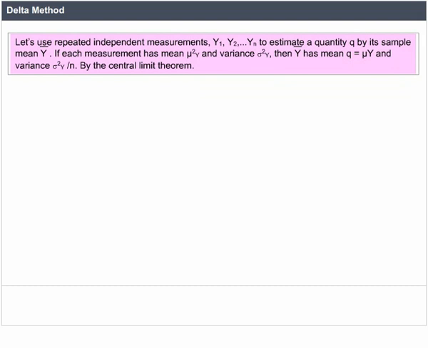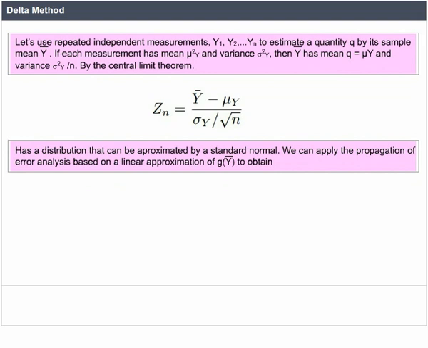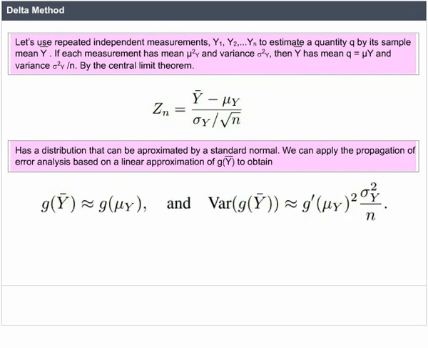By the central limit theorem, Zn equal to Y bar minus mu_y divided by sigma_y divided by the square root of n has a distribution that can be approximated by a standard normal. We can apply the propagation of error analysis based on a linear approximation of g(Y bar) to obtain g(Y bar) approximately equal to g(mu_y) and variance of g(Y bar) approximately equal to g'(mu_y) whole squared times sigma squared y divided by n.